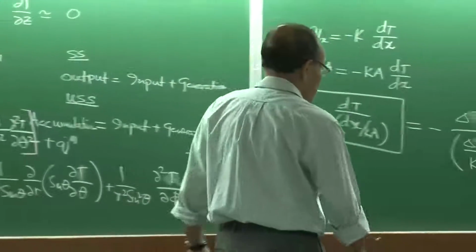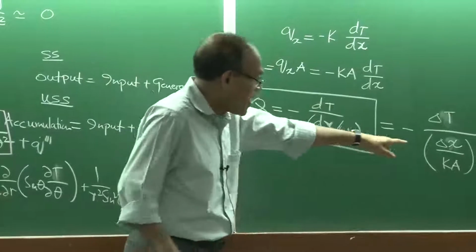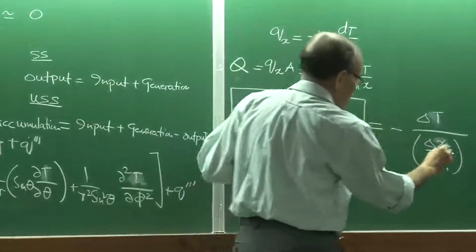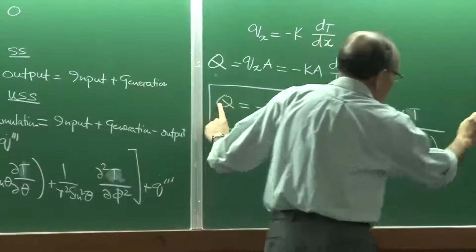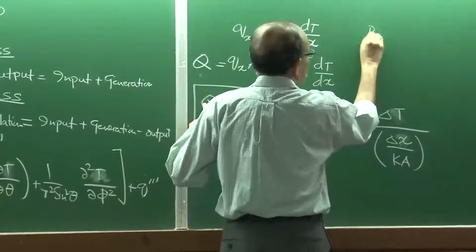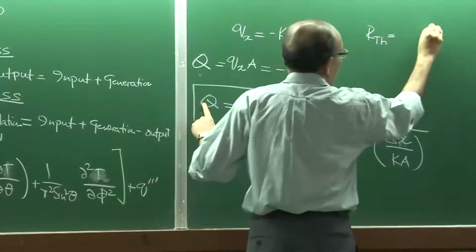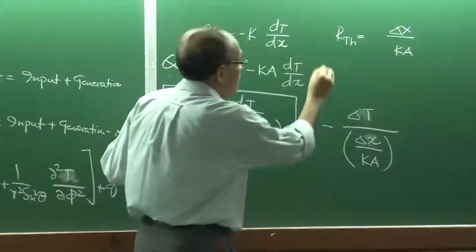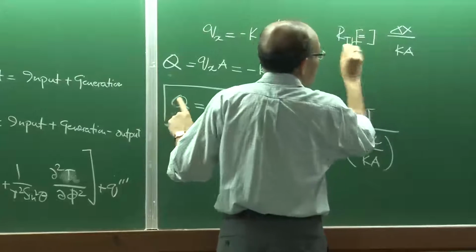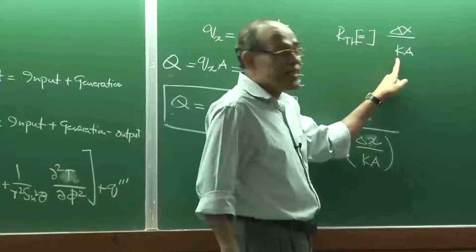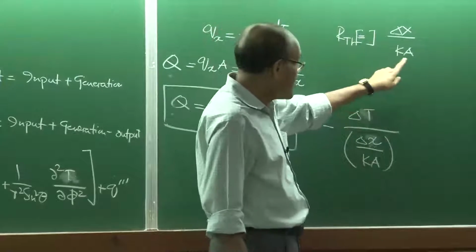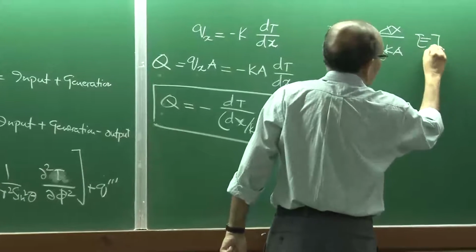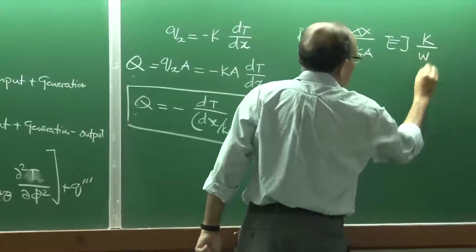Now, R thermal is equal to dimensionally delta x over K A, and if you substitute the unit of delta x as meter, K in watt per meter Kelvin and A as area, then it comes out to be in the unit of Kelvin per watt.